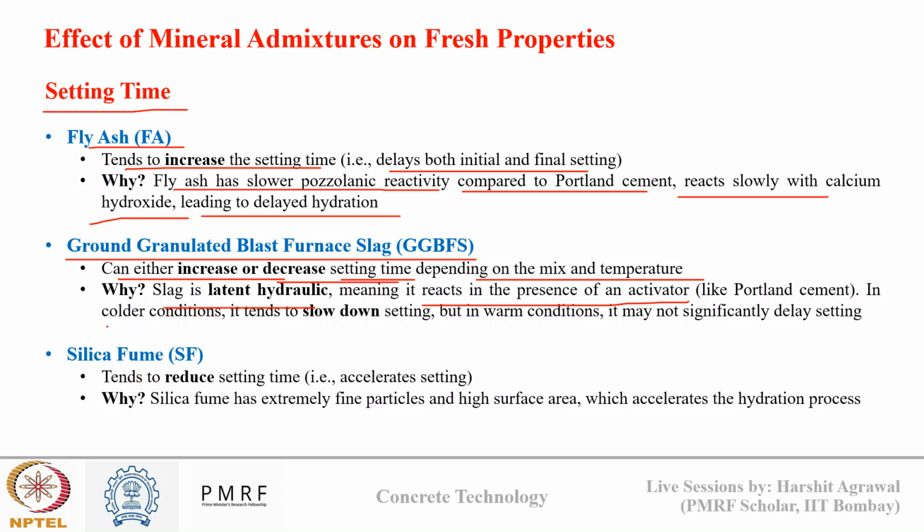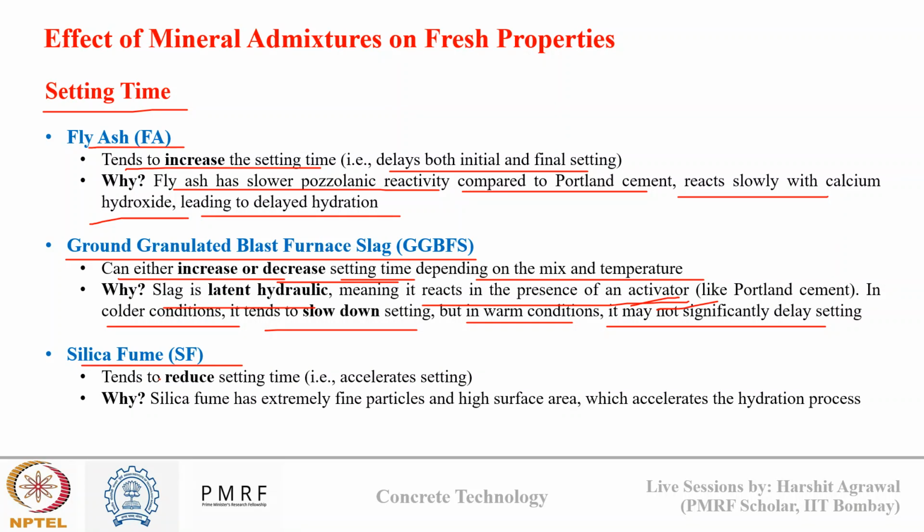However, in cold conditions, it tends to slow down the setting time. But in warm conditions, it may not significantly delay the setting time. So it depends upon the mixture and the temperature.